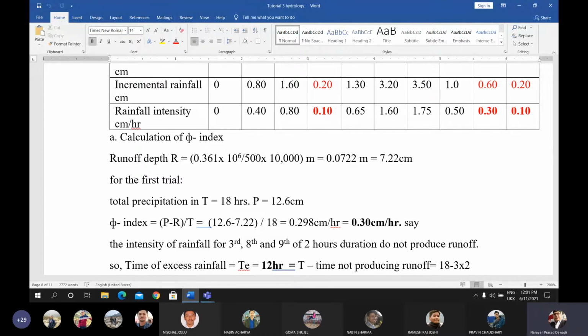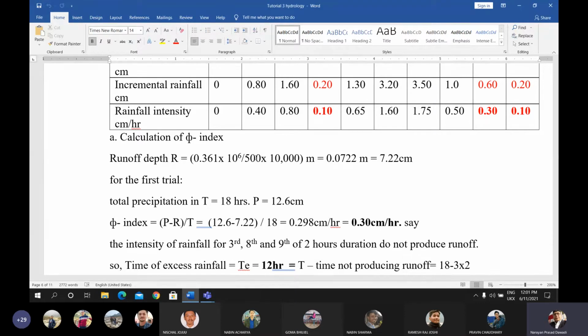Volume is in meter cube and area is in square meter. After cancelling the units, the unit is converted into meter. And we will get 0.0722 meter, which is 7.22 centimeter. This is the rainfall depth of 7.22 centimeter.